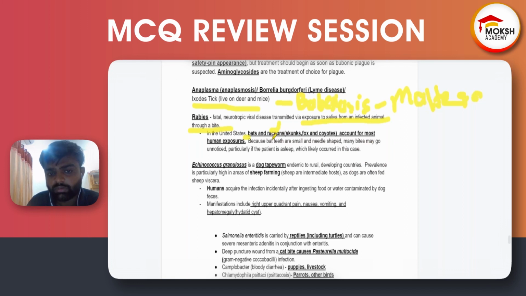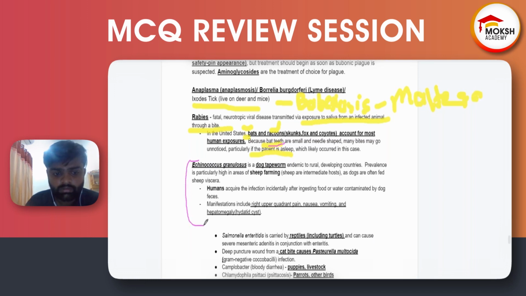While if someone is cave exploring, bats are the most common cause of rabies. So that causes human exposure. Certain bat teeth are very small, needle shaped, and many bites go unnoticed if the patient is asleep. So remember, some of the bites can go unnoticed in rabies.